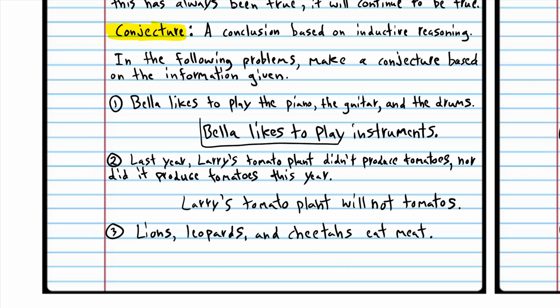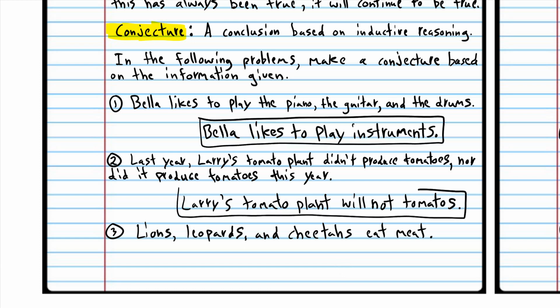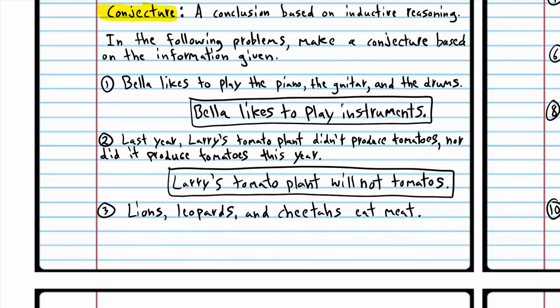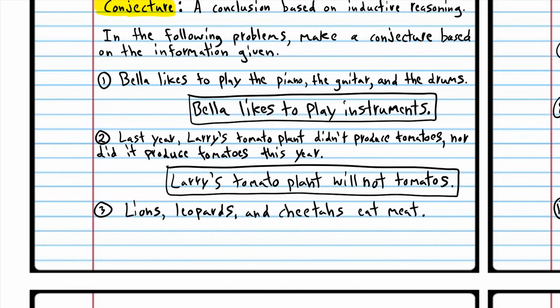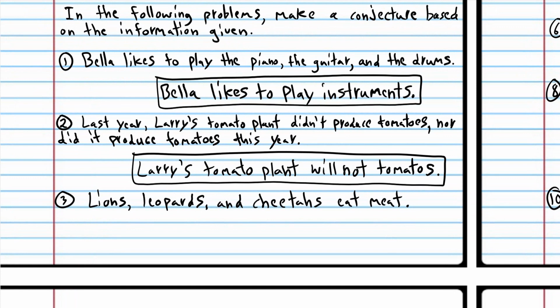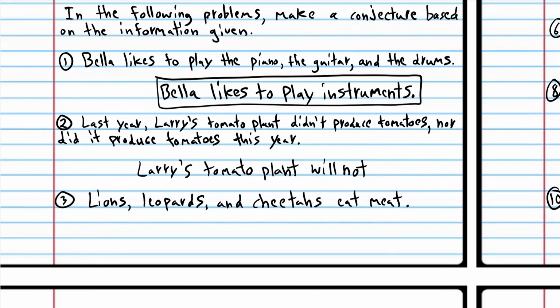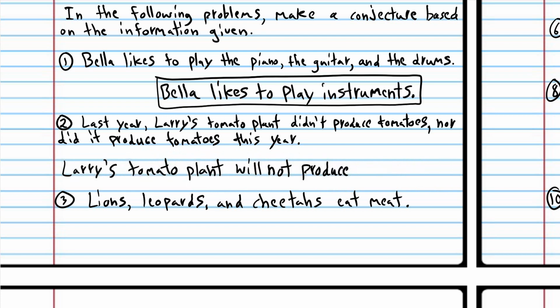And by the way, we need to rectangle these. These are answers. So if you came up with something like that, good job. Again, these are just conjectures. Actually, that didn't make much sense, did it? I forgot to write the word produce. Produce tomatoes. So if you came up with something similar to that, good job.